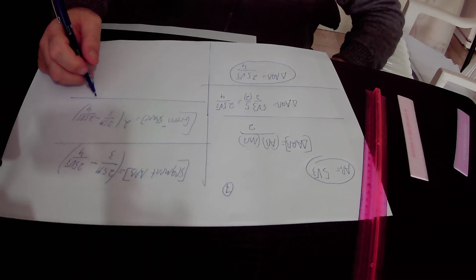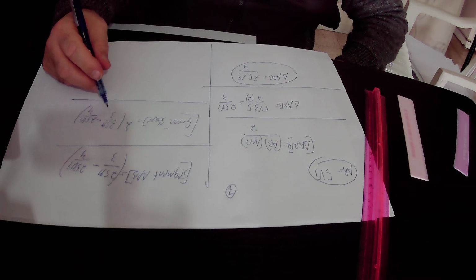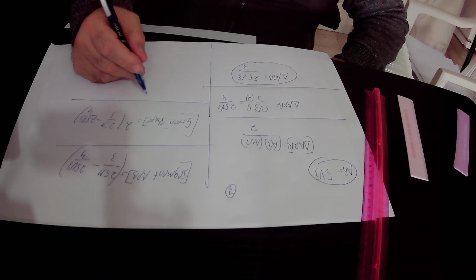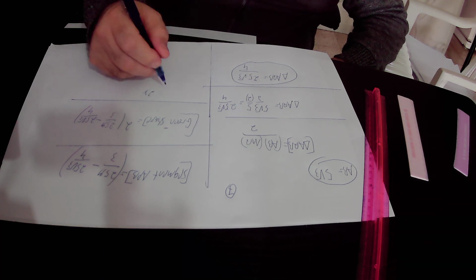So here we take out 25 as a common factor of this expression, and we get 2 times 25.